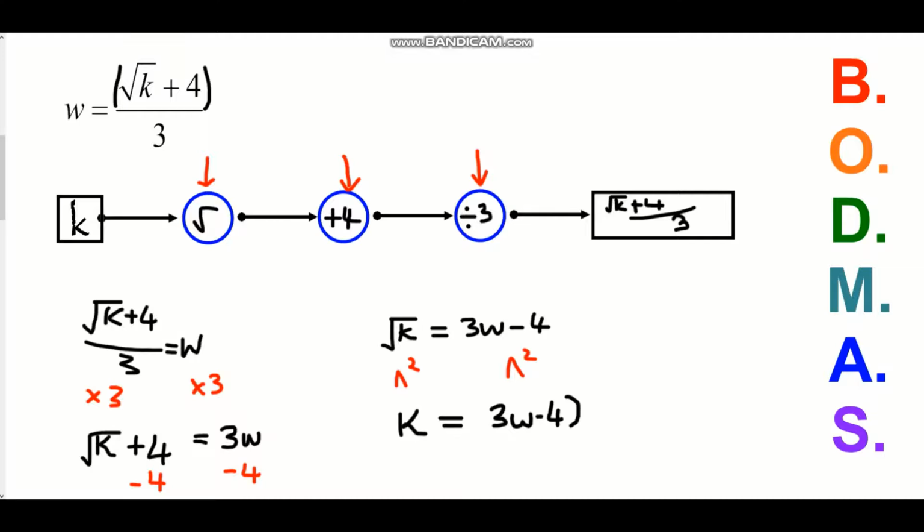I'm going to put that all in a bracket because I have to square it all. Again, if you wanted to write that in a slightly different way, you could expand your two sets of brackets using FOIL, but I'm happy with just k is equal to 3w minus 4 all squared.